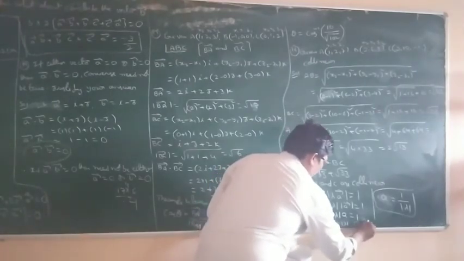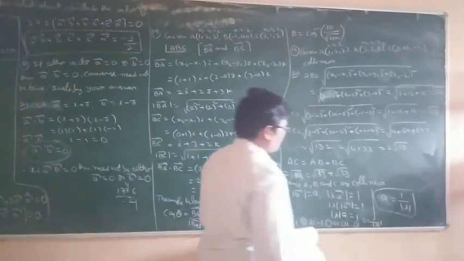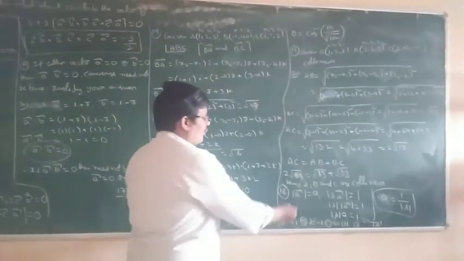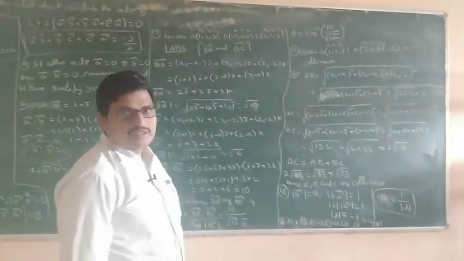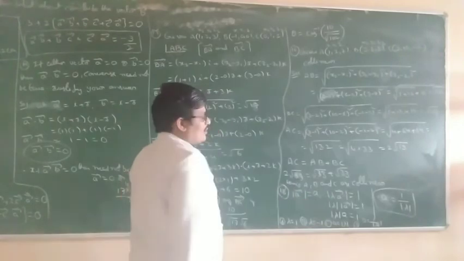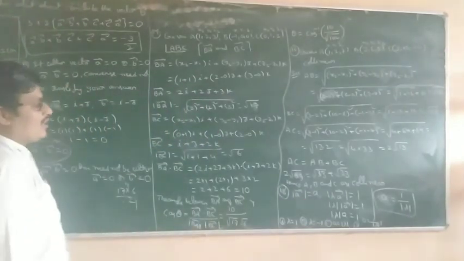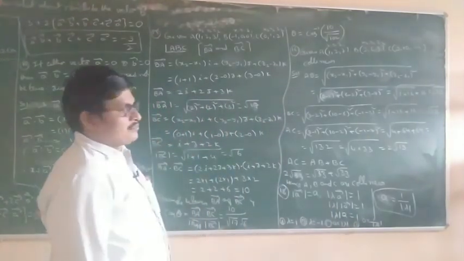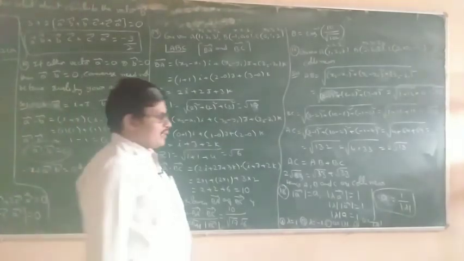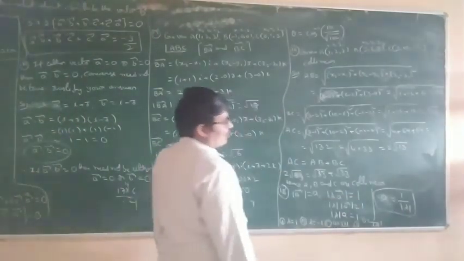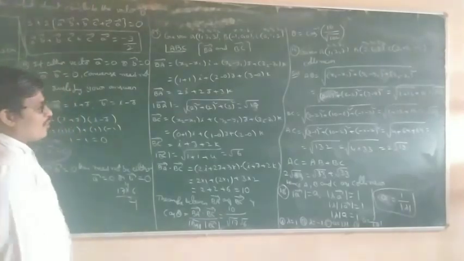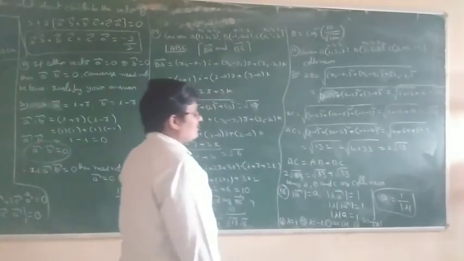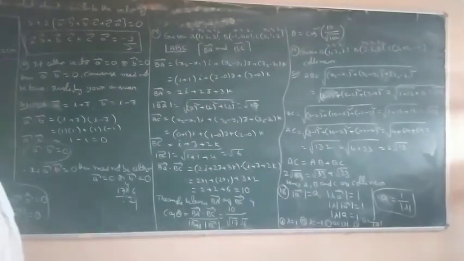Fourth option, a is equal to 1 by mod lambda. So a bar is a non-zero vector of magnitude a. Lambda into a bar is a unit vector, so unit vector means magnitude is equal to 1. Modulus of lambda a bar is equal to modulus of lambda into modulus of a bar, and modulus of a bar is equal to a, so a is equal to 1 by mod lambda. So the fourth option is correct.